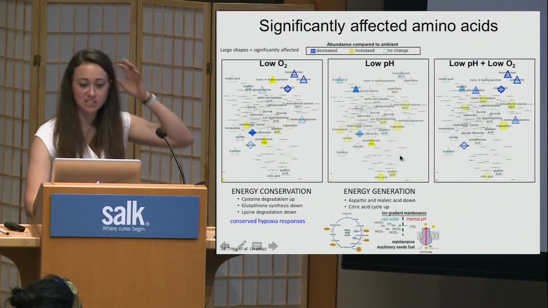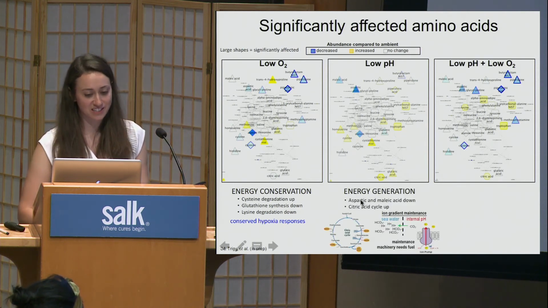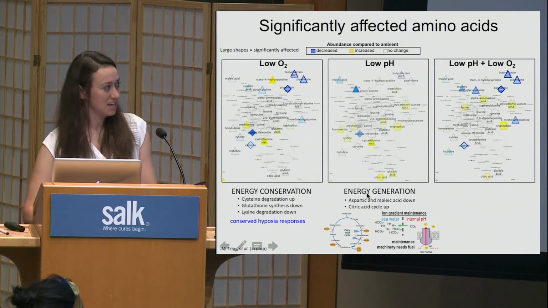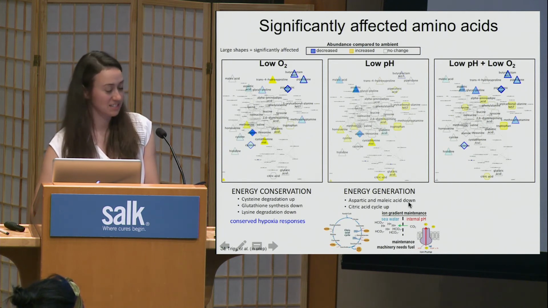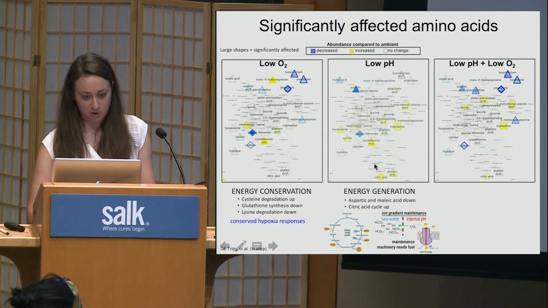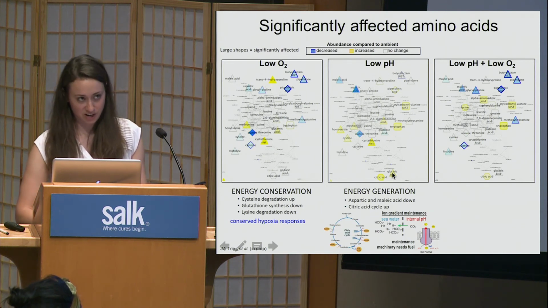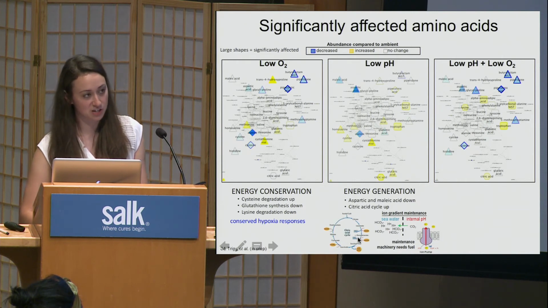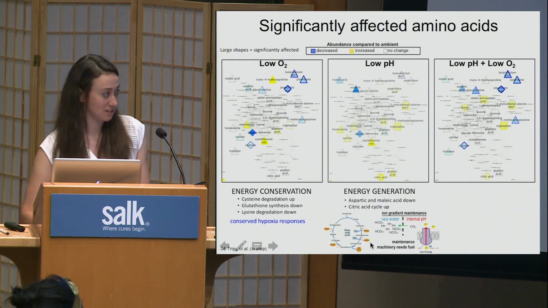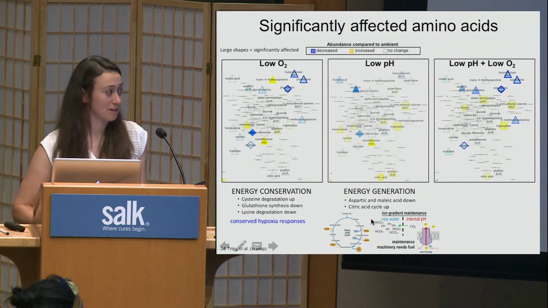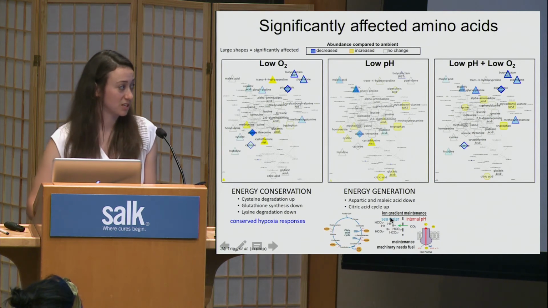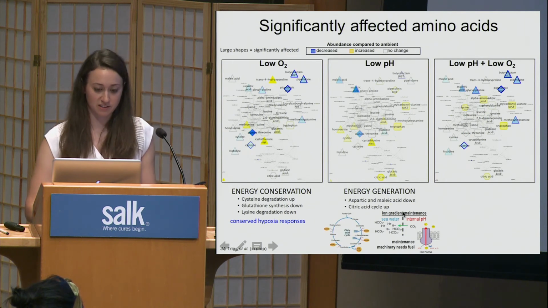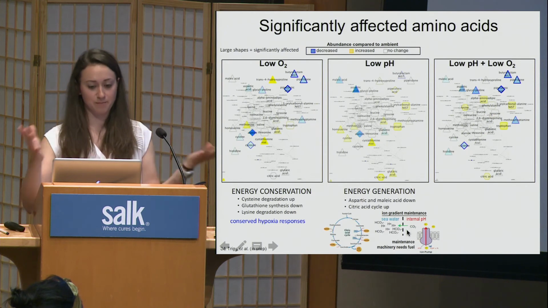And in the low pH condition, it seems that energy generation is happening because aspartic acid and malic acid are decreased while citric acid and glutaric acid are increased. So taken together, that suggests that the citric acid cycle might be having increased activity. And that actually makes sense, because when animals or cells are challenged with a low pH, they need to maintain this gradient in order to keep carbon dioxide coming out.